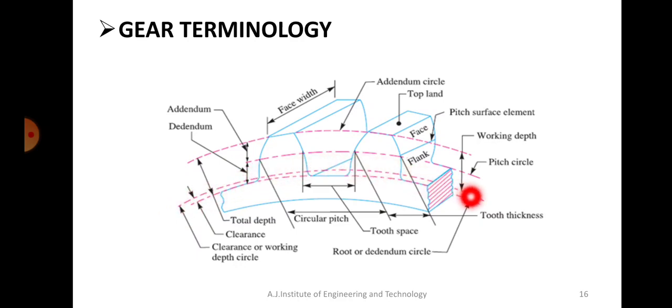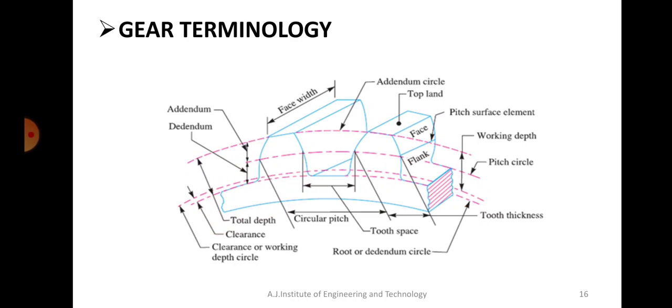The small gap, the distance between the dedendum circle and the working depth circle, is called clearance, and that clearance is very important for meshing of the gears. If the clearance is not given, there is a possibility that the gears may get jammed. The clearance is very important.